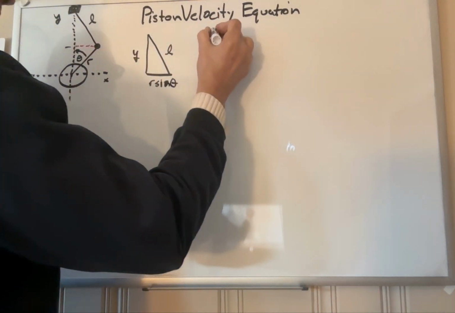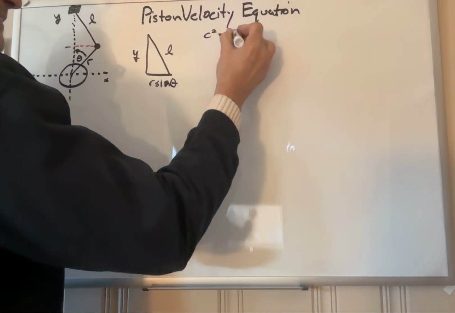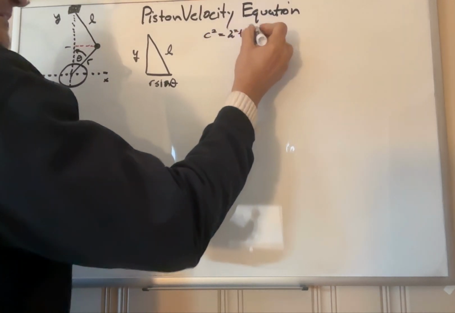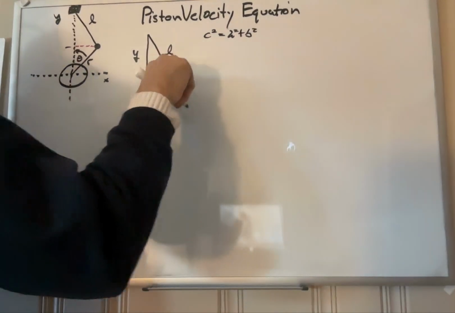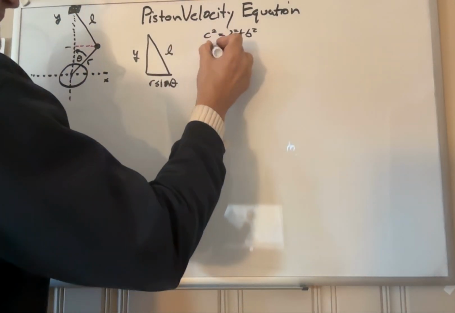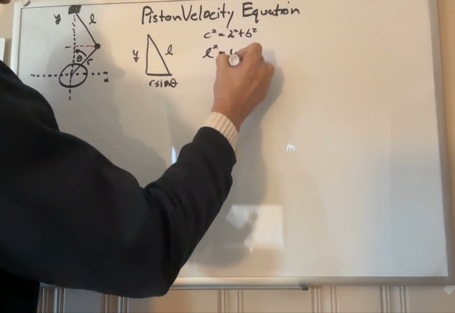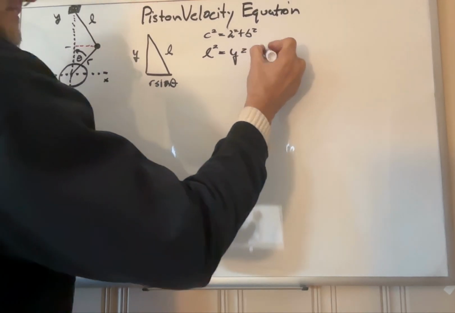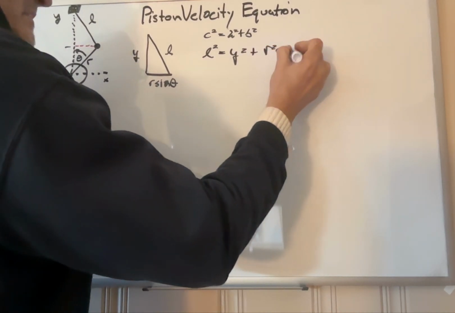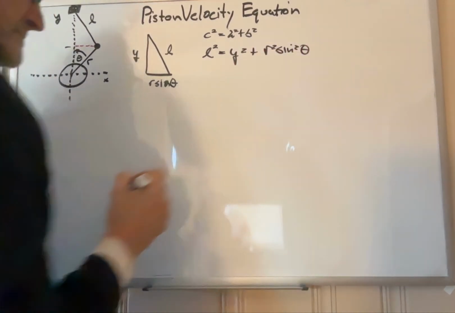So if we use C squared is equal to A squared plus B squared, which is Pythagoras' theorem, we know that C is going to be L, so L squared is equal to Y squared plus R squared sine squared theta.